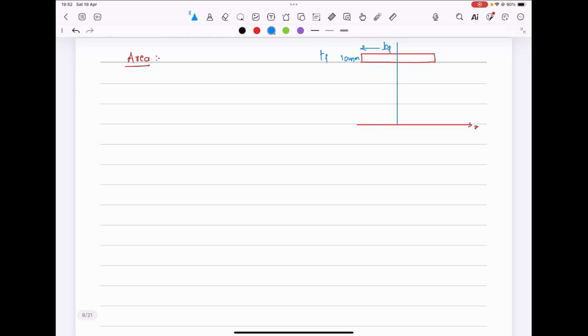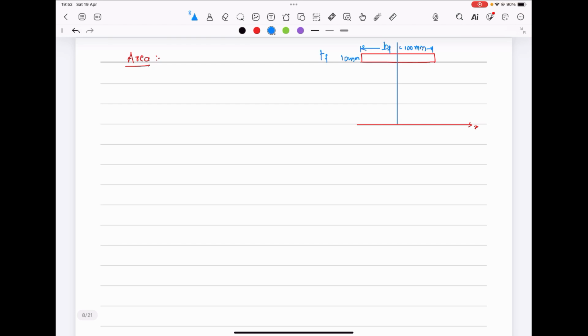Thickness of the flange is 10 mm, breadth of the flange is 100 mm, that is what is given. This is an example taken by me and not copied from any textbook.